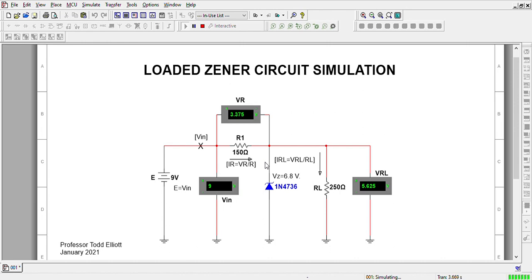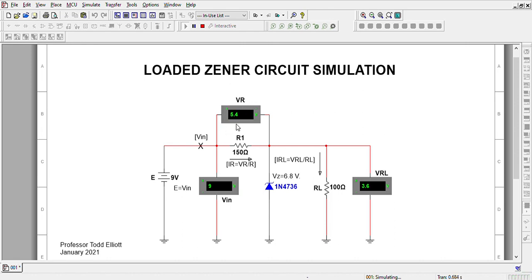And that's why we're seeing the voltage here dropping, and of course the voltage across the series resistor has increased as a result. So let's take this down to 100. Okay, the voltage is down even more, and of course this voltage here increases.